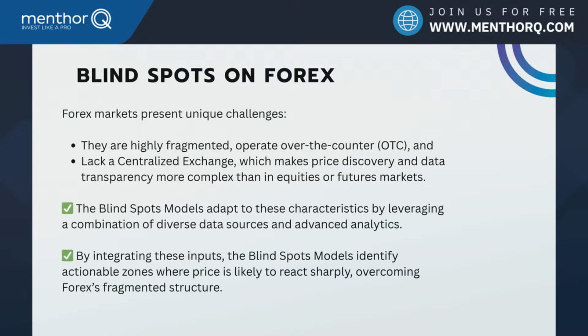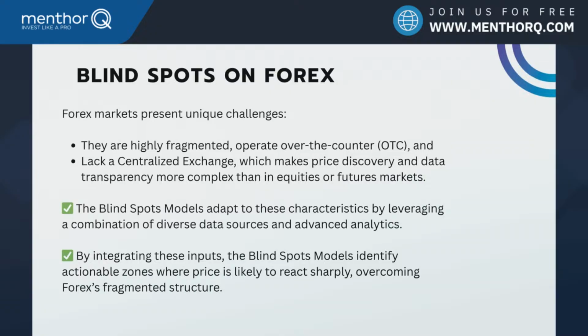That's why the blind spot model adapts to these characteristics by leveraging a combination of diverse data sources and advanced analytics. We look at option positioning by looking at the Forex futures data that we have. We look at the option flow coming from that asset and where big players can be positioned. We also look at momentum indicators to understand how different Forex pairs are moving together.